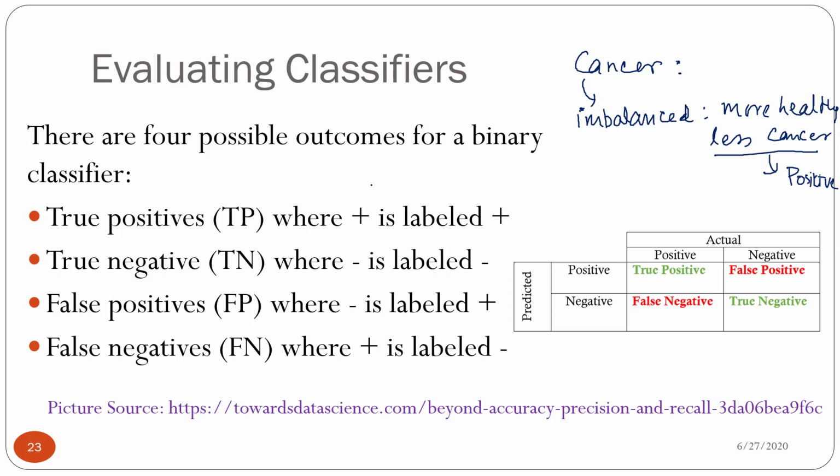Let's look at these four scenarios. You're given a sample, and you pass that sample to your classifier, and the classifier may say that this sample is positive. Positive means that this person has cancer, or you may say that this is negative, meaning that this person does not have cancer. Now there are some possibilities associated with this prediction.